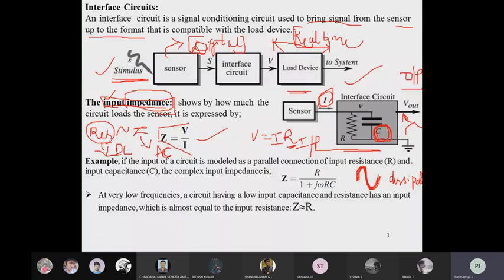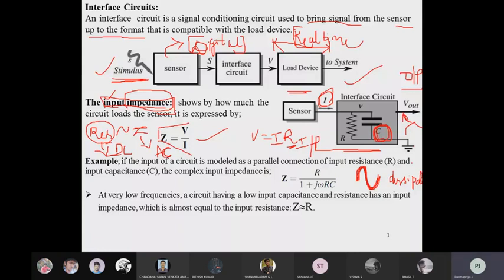Here omega represents the reactive nature of the parameters, and j represents the complex nature, when you calculate both positive and negative halves. Once you make the alterations in this expression, it will come as R divided by 1 plus j omega RC. This you might have studied.